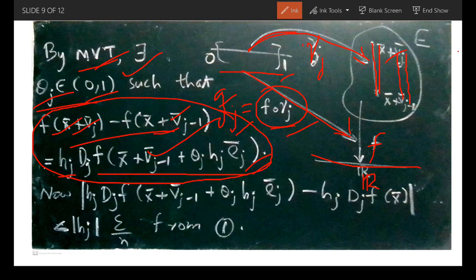It is f at x + v_{j-1}. Like that it goes. And you apply the mean value theorem to each of the composite functions f composite γ_j and obtain this step. Hope you understood.